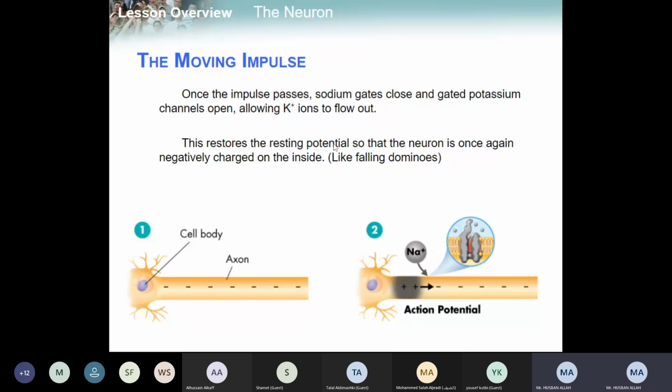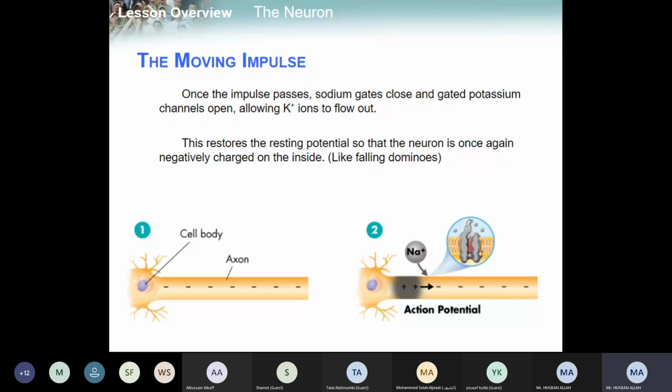This restores the resting potential, so that the neuron is once again negatively charged on the inside. When the potassium ions leave the neuron, it restores the resting potential.